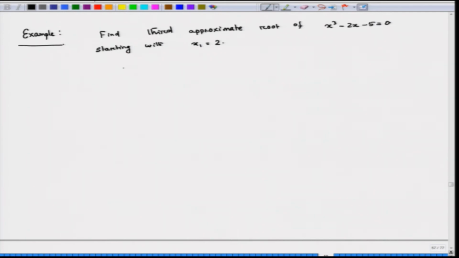Okay. Now consider what is our function here. Consider f of x, which is equal to x cube minus 2 x minus 5, and f prime of x is equal to 3 x square minus 2. Now, x 1 is equal to 2.